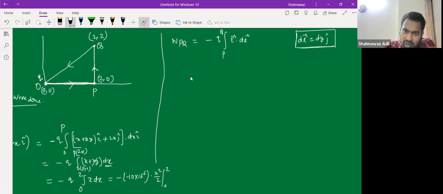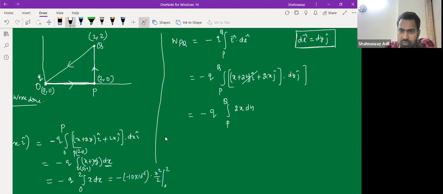So we plug in the values in here. So this would be P to Q, and E is x plus 2y i plus 2x j, and dot dy j. So only j and j will survive. So again, this part will cancel out, and this is P to Q of 2x dy. Is that clear, guys?